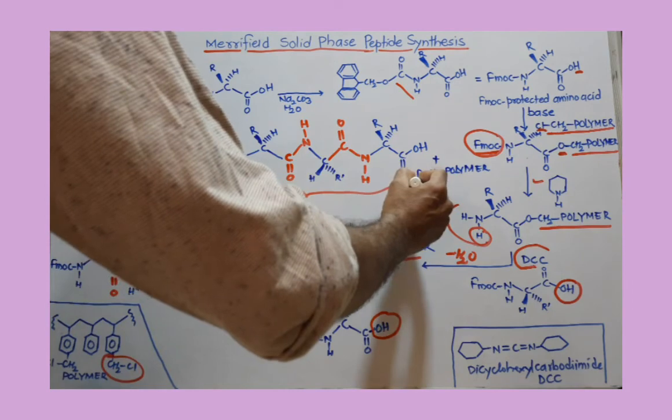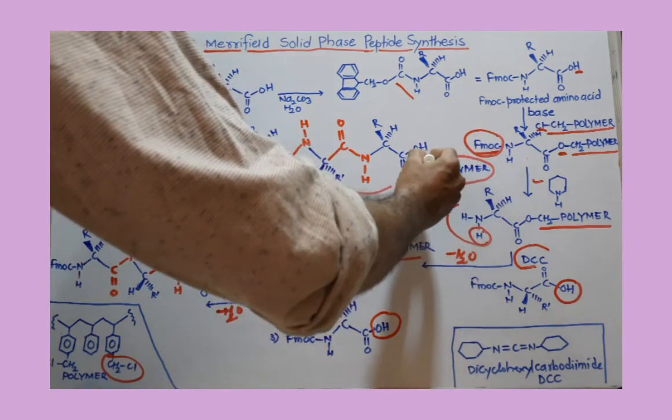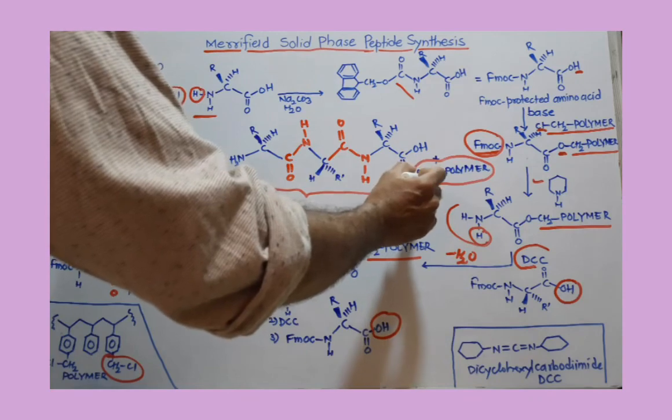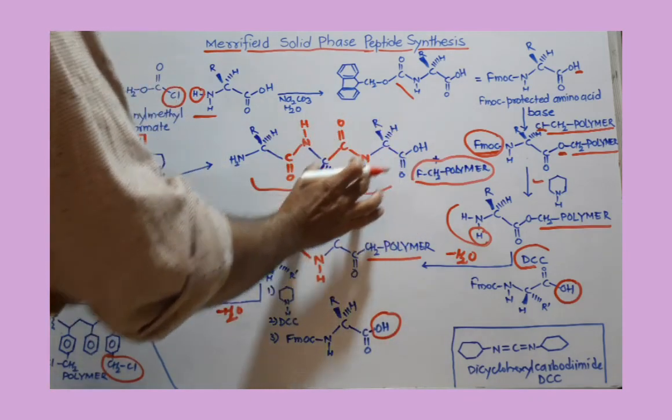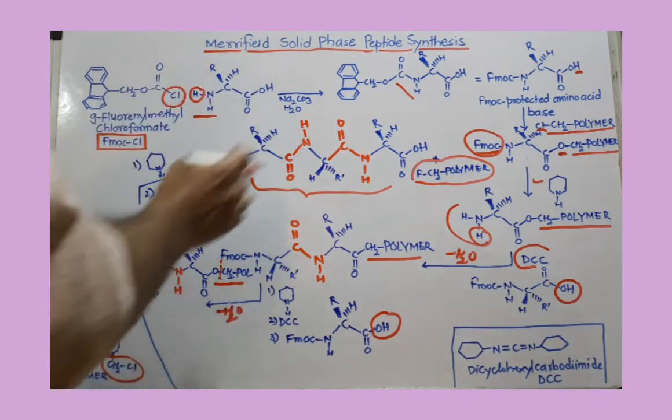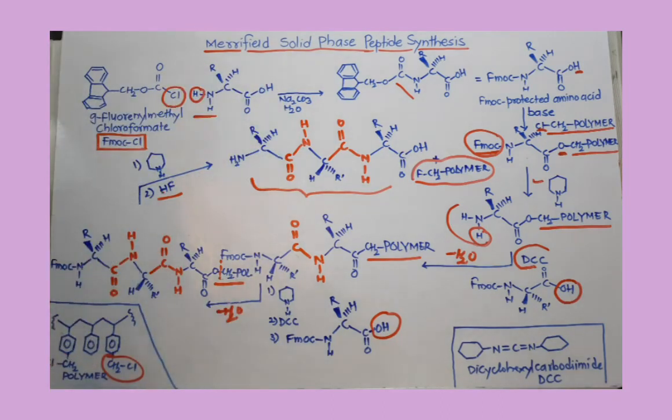And you can see here now the polymer, instead of Cl, the F is attached. Easily you can remove this polypeptide from the reaction medium, and in this way you can prepare polypeptide which is very, very pure, because all impurities will be washed out during this process.